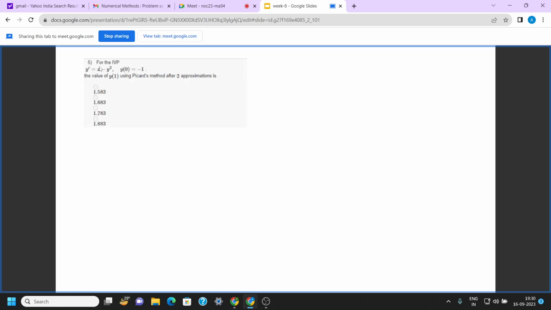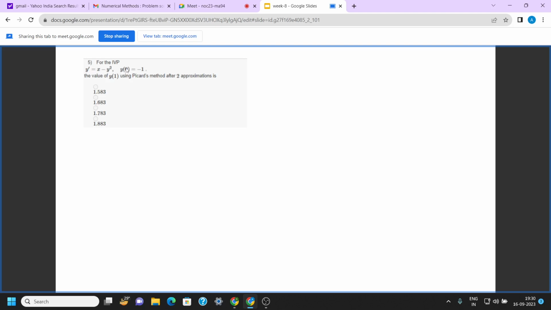Now the next question was for the IVP y' = x - y^2, y(0) = -1. The value of y(1) using Picard's method after two approximations is. So you have to calculate y(1) using Picard's method after two approximations, from 0 to 1.